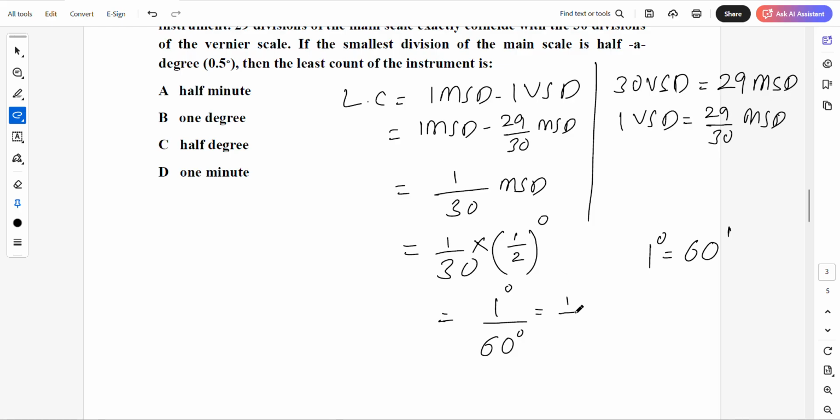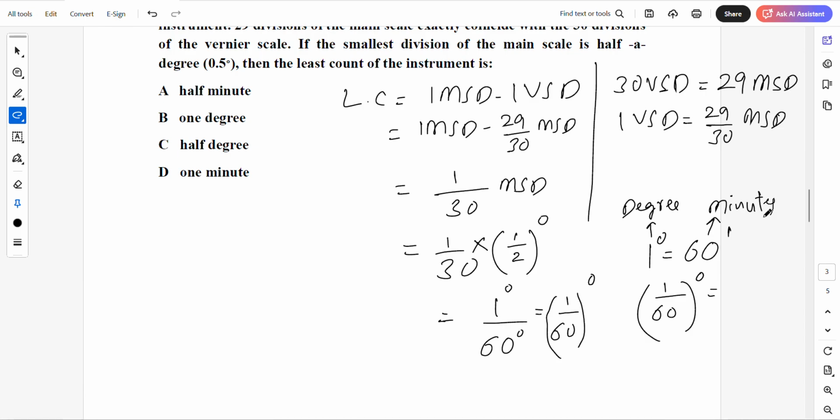That is equal to 1 by 60 degree, right? 1 by 60 degree. Divide by 60 here, this is in degree, this is in minutes.